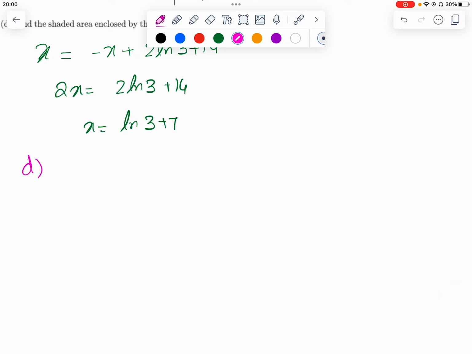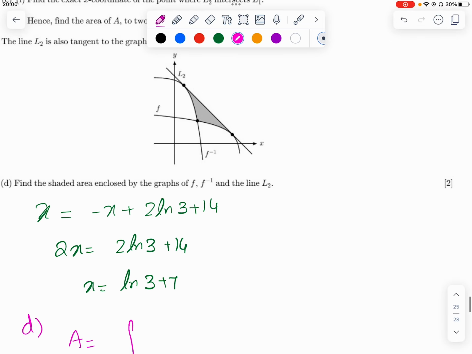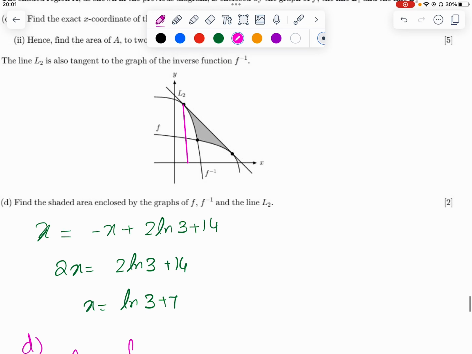So to find the area of the shaded region, we have to note the points.